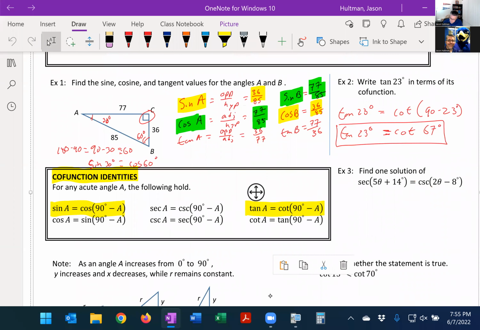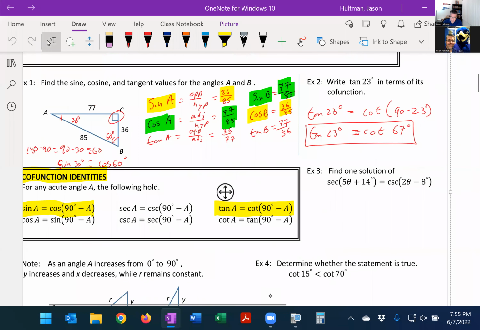Okay, example 3: find one solution of the secant of 5 theta plus 14 equals cosecant 2 theta minus 8. We know that the secant of an angle is equal to the cosecant of its complement.